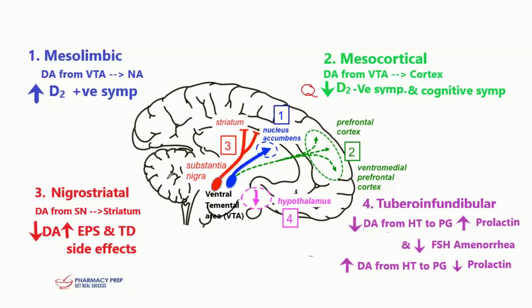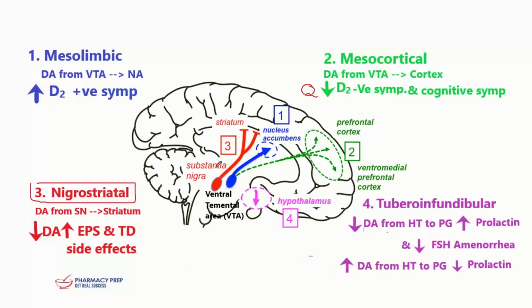Now the third dopaminergic pathway is the nigrostriatal pathway. This nigrostriatal pathway projects from the substantia nigra to the striatum. This pathway has no association with psychosis. However, most antipsychotic drugs do affect this pathway.